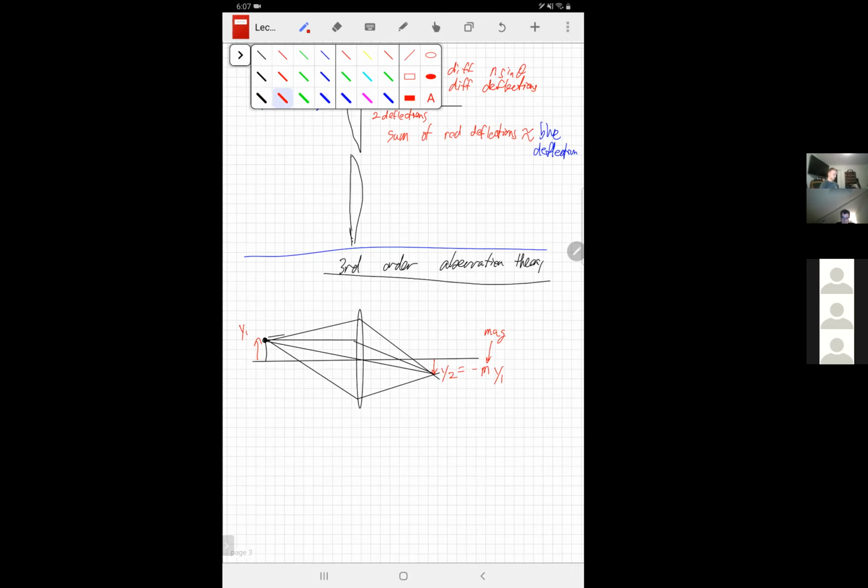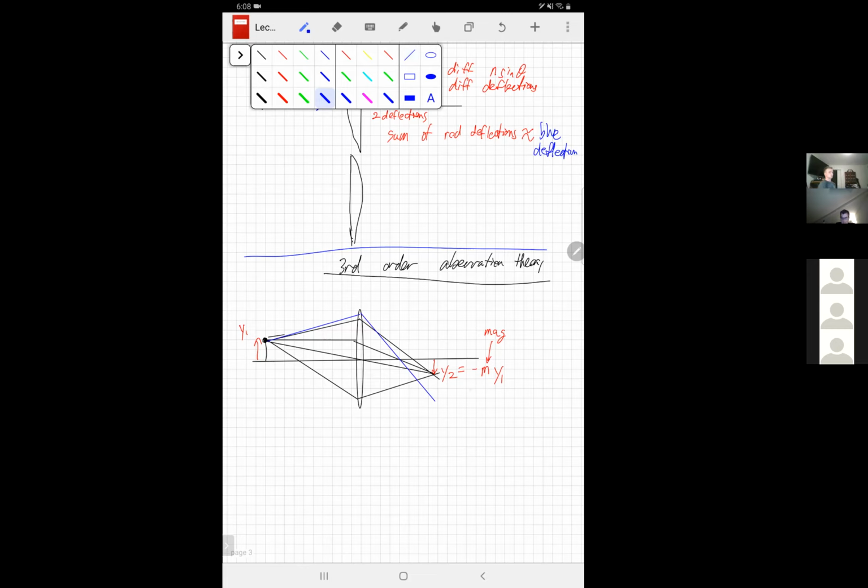But of course, that's not what actually happens. What actually happens is that we do have aberrations. And so where these rays actually go depends on three variables.